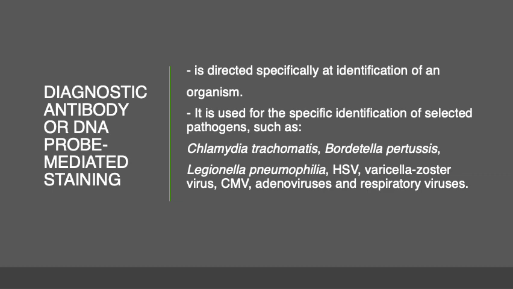So it is used for the specific identification of selected pathogens such as your Chlamydia trachomatis, your Bordetella pertussis, and Legionella pneumophila. It can also be used for demonstrating certain types of viruses, like for example, your herpes simplex virus, your varicella zoster, your cytomegalovirus, adenoviruses, and respiratory viruses.